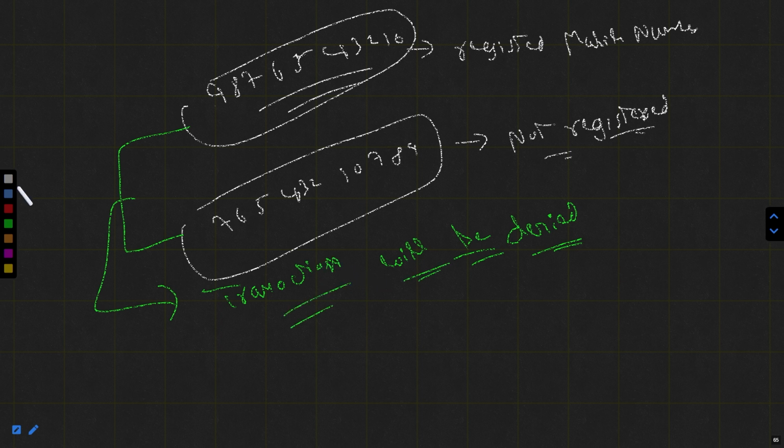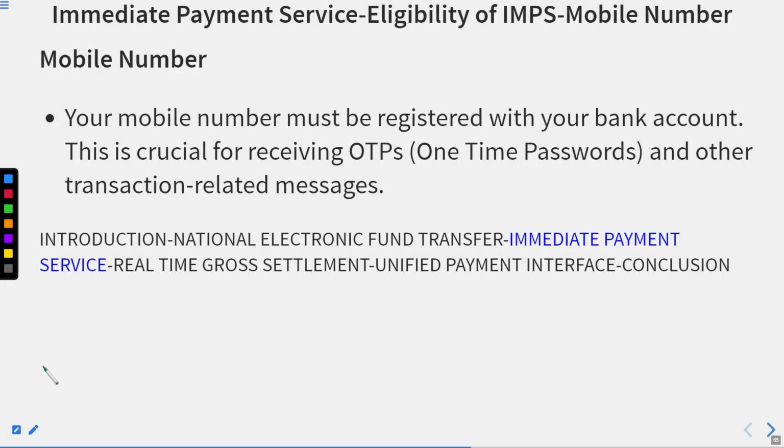Why? Because the OTP, or you can say the authentication, you will receive on the registered mobile number. But because you are using a non-registered number, you will not have access to the OTPs and passwords. Got it? That's the reason.